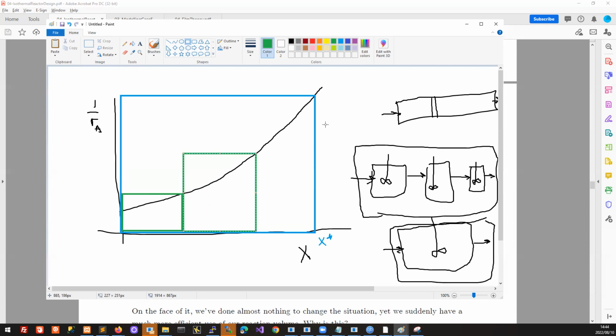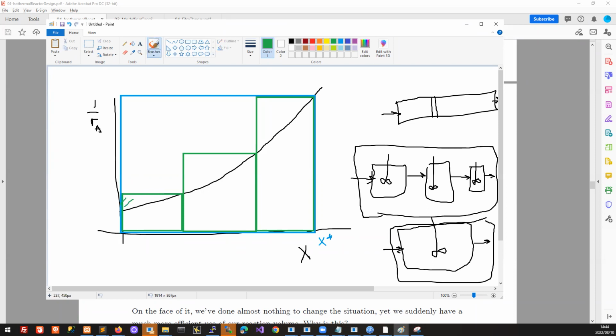And then with the third CSTR, we want to achieve this final conversion X star. So there's our third CSTR. You see, we are wasting a bit of volume compared with the PFR case, or the batch reactor. We do have this little bit here.